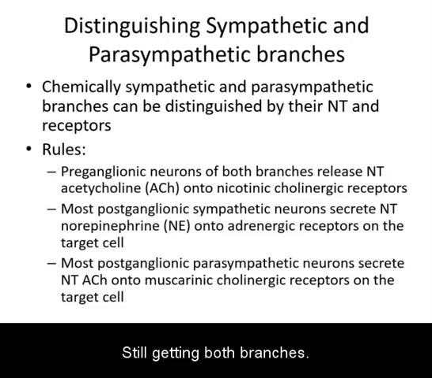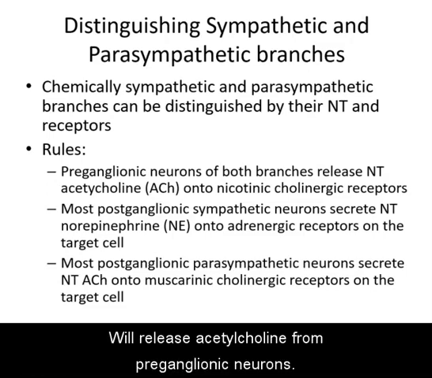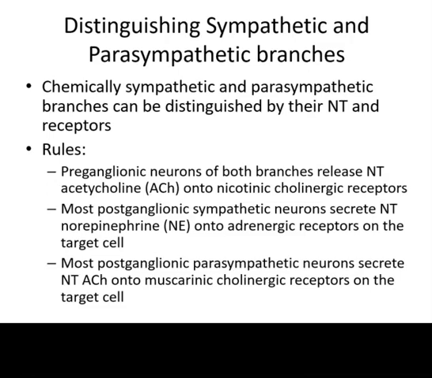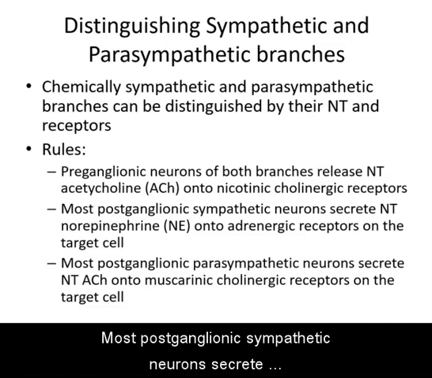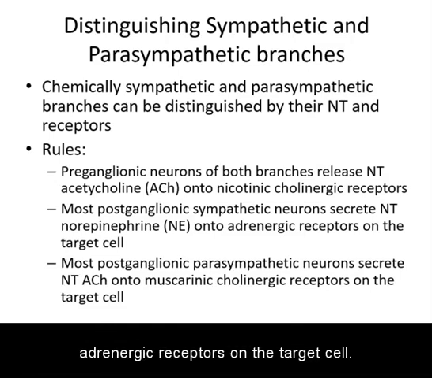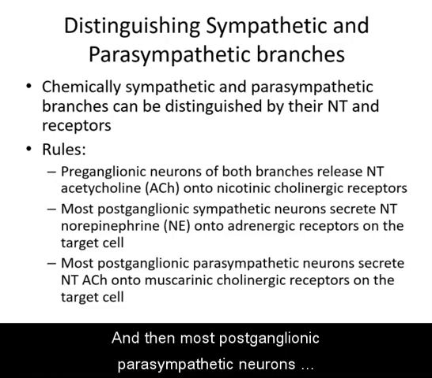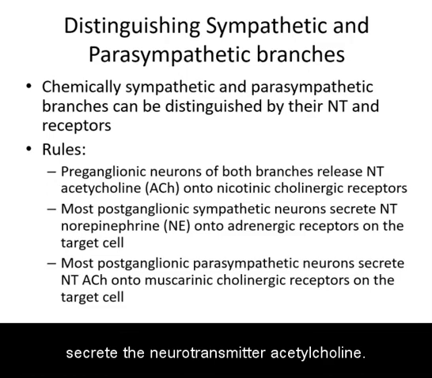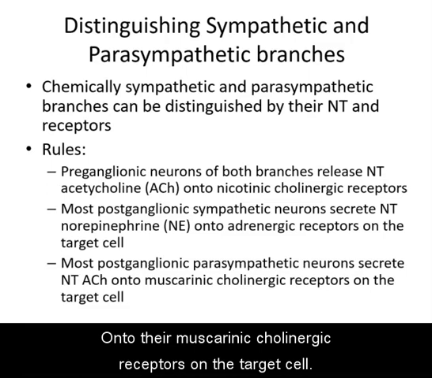Most postganglionic sympathetic neurons secrete norepinephrine onto adrenergic receptors on the target cell. Most postganglionic parasympathetic neurons secrete acetylcholine onto muscarinic cholinergic receptors on the target cell.